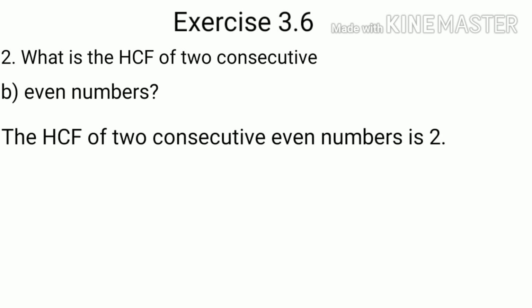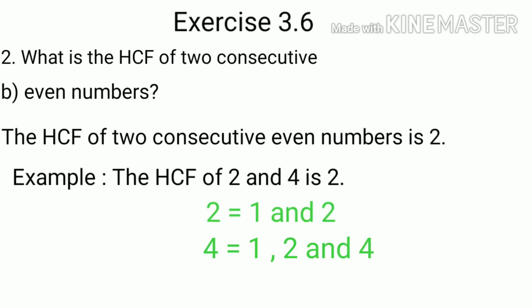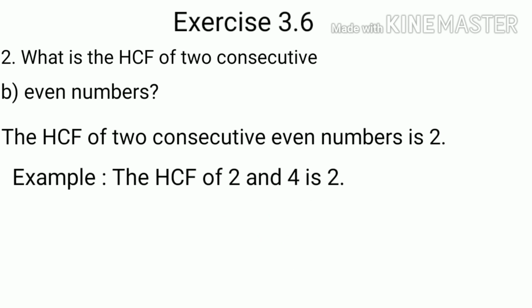So the HCF of two consecutive even numbers is 2. Example, the HCF of 2 and 4 is 2 because the factors of 2 are 1 and 2 and the factors of 4 are 1, 2 and 4. So here the largest common factor is 2. So the HCF will be 2.